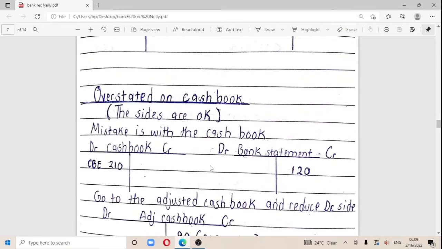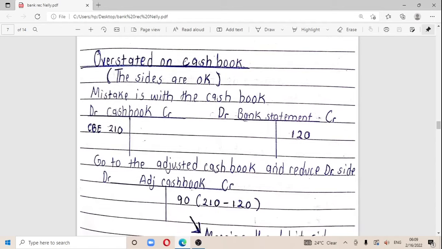So what do I do when I have overstated figures on the cash book, but the sides are okay? The sides are okay, meaning my debit side is having a credit side, but the figures were overstated. What I should note out first, when the figure is overstated, you have to know who has the mistake. Is it in the bank statement? Is it in the cash book?